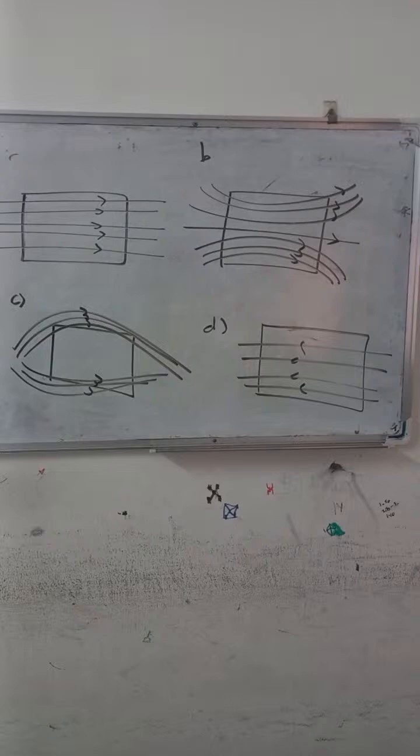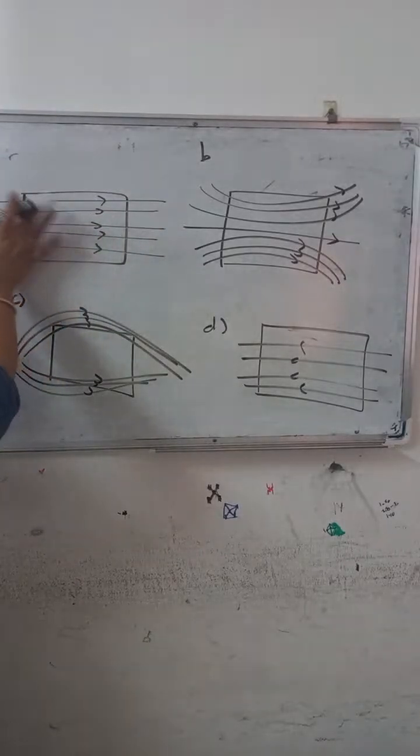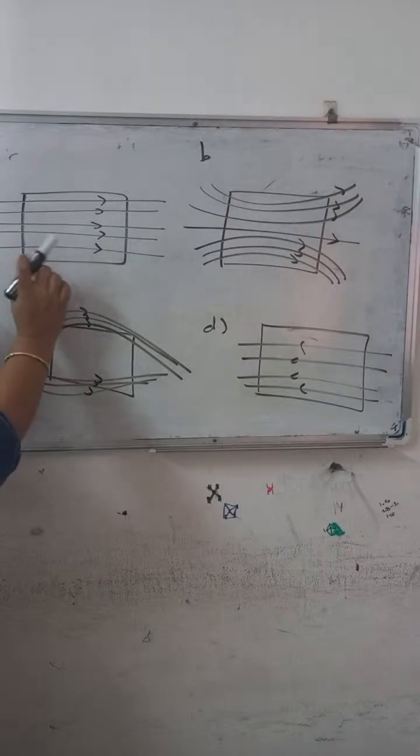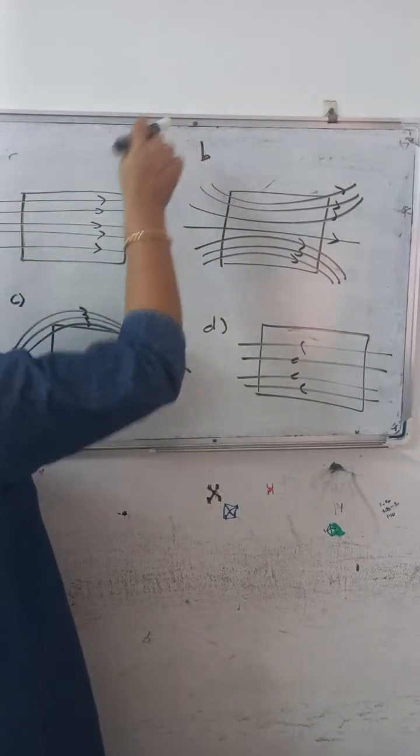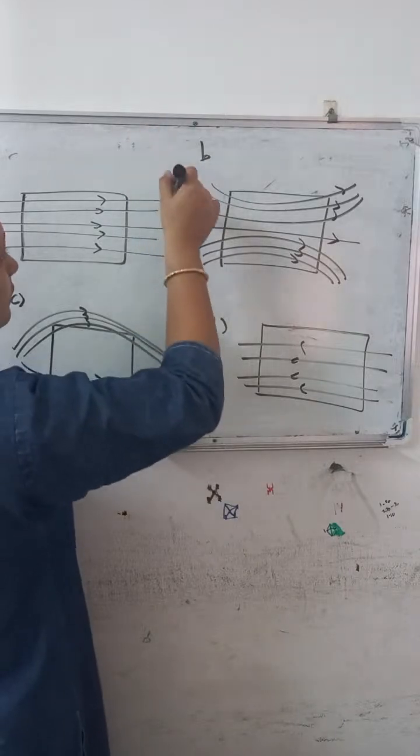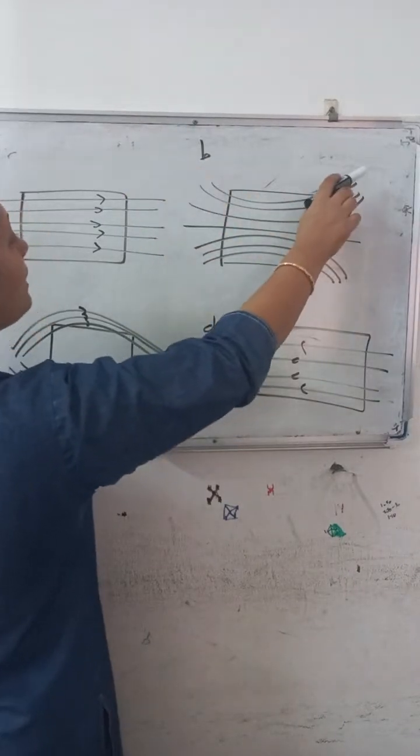Now this is soft iron core, and all these things are asking, that means this is related with the ferromagnetic material. So the permeability of a soft iron core is maximum. So the maximum number of lines of force tries to pass through the soft iron. While going, they are attracted towards this material.